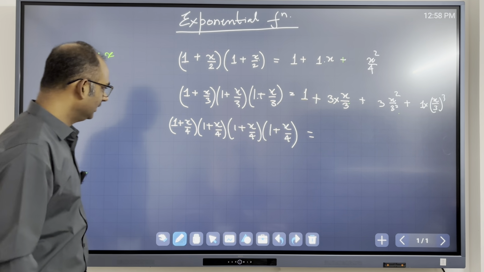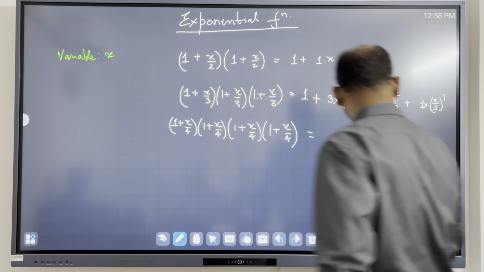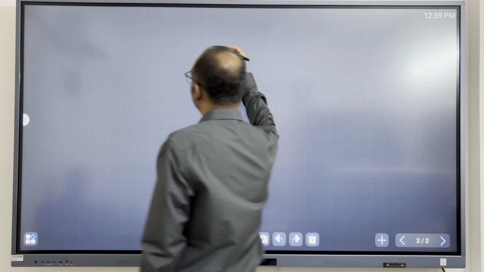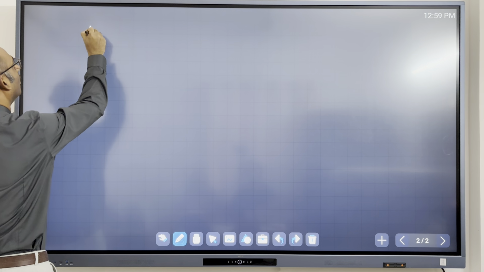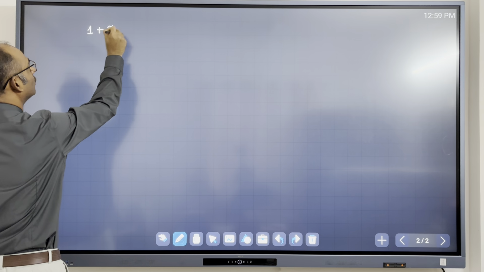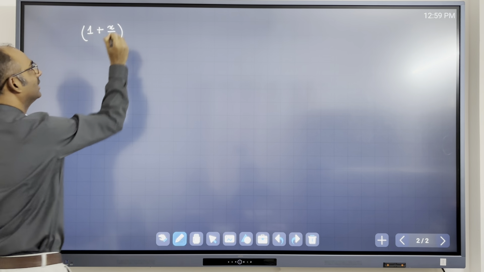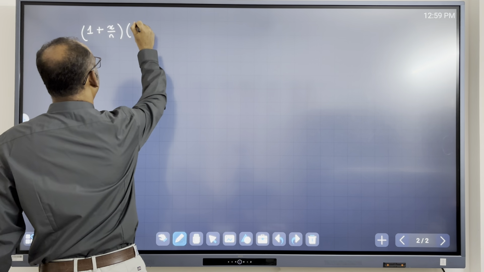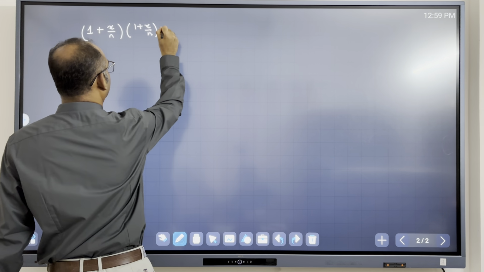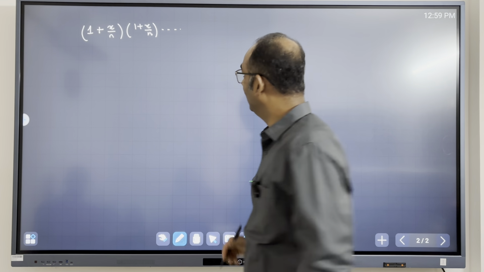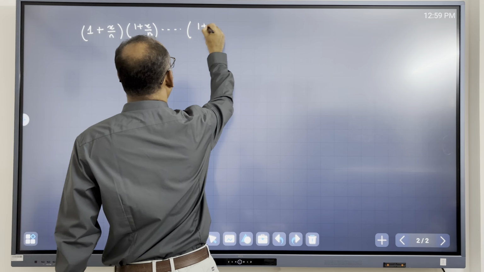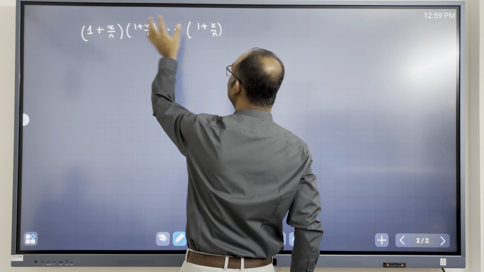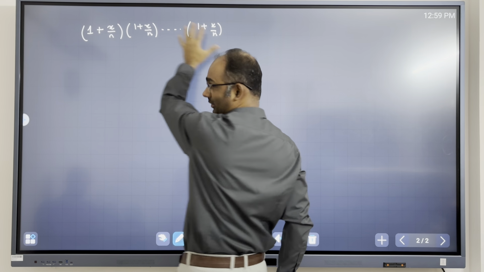So you have 1 plus x over n, where n is some integer, and it has n factors. So you have 1, 2 and so forth, n. So there are n products.